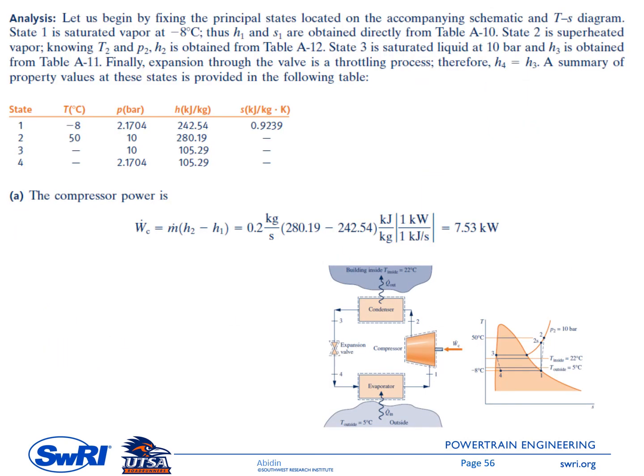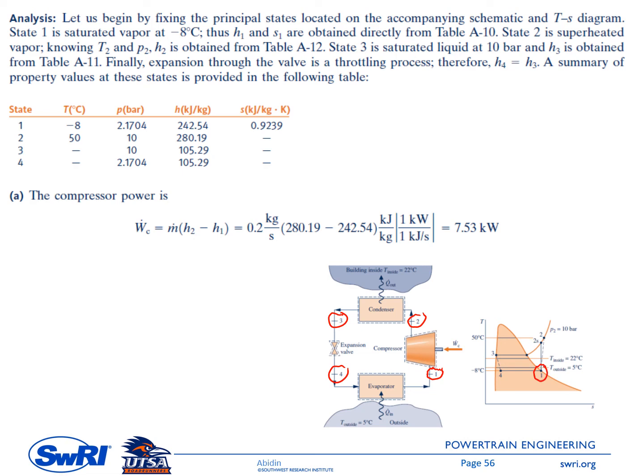The first step is fixing the properties for the principal states located on the accompanying schematic and T-S diagram. So we have the schematic at the bottom here along with the T-S diagram. We have state number 1, and then state number 2, state number 3, and state number 4. State number 1, you can get the value from the table directly because temperature is given, -8 degrees C, and it is saturated vapor.